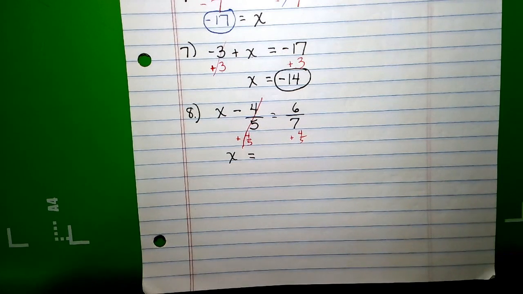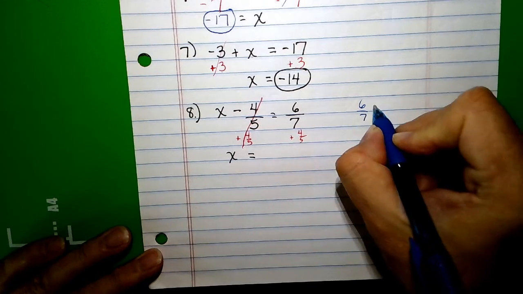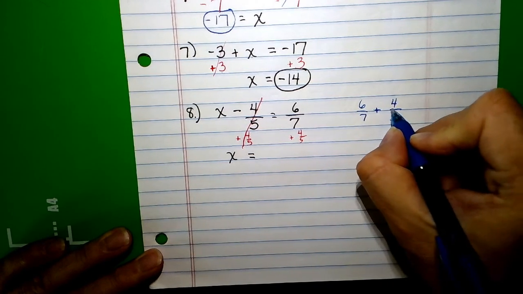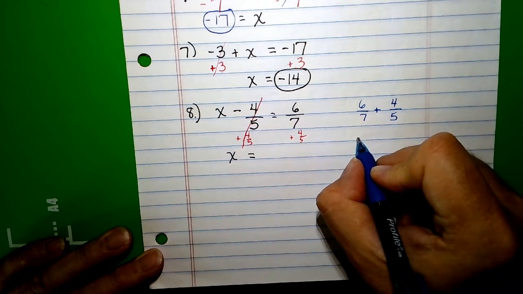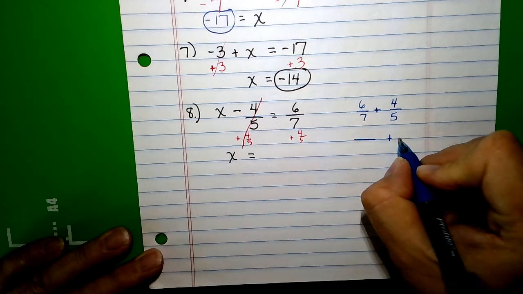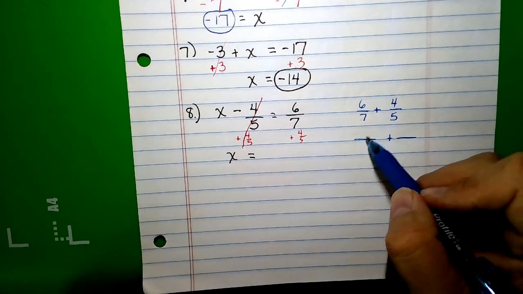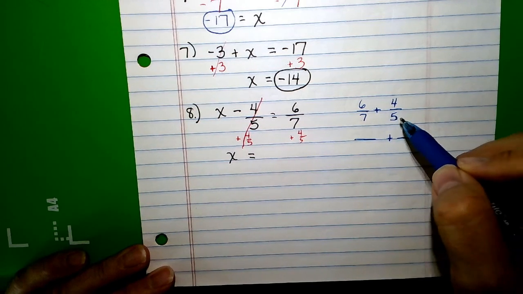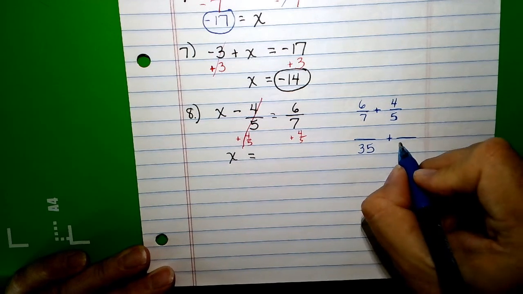And let's see, how do I add 6 over 7 plus 4 over 5? Well, I need a common denominator. And what's the smallest common multiple? The multiples of 5: 5, 10, 15, 20, 25, 30, 35. That is a multiple of 7.